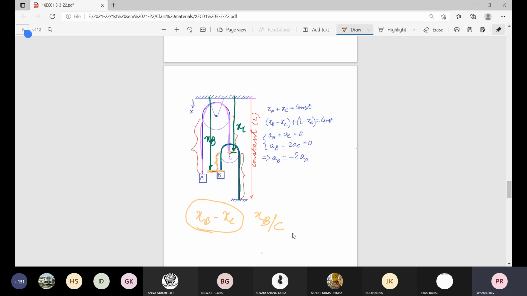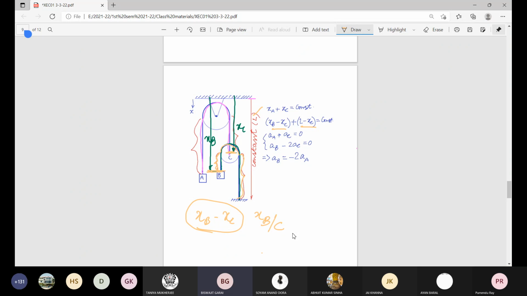It means at any instance, if XB is the location for B, then XB minus XC is this straight hanging portion, plus this constant, plus this length, which is variable in terms of the variation of the position of C, that is constant distance L minus XC, this part. Now you tell me where the confusion still lies.